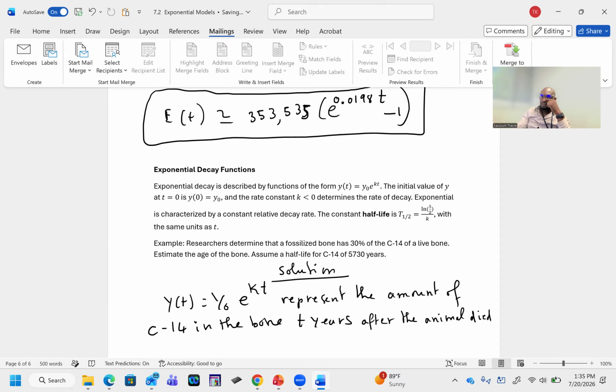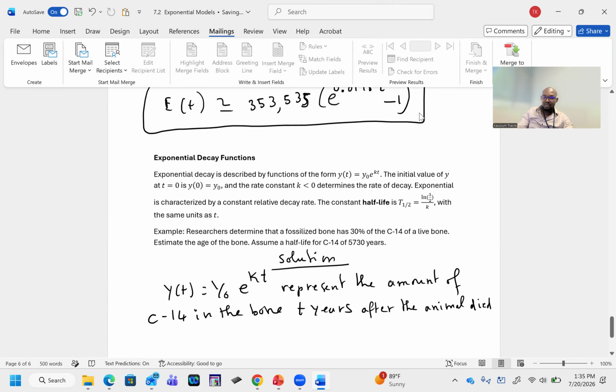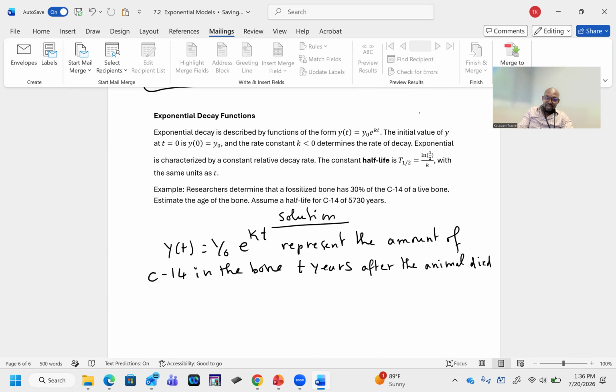Okay, so now by the half-life formula, we know the half-life is ln of 1/2 divided by k, right?